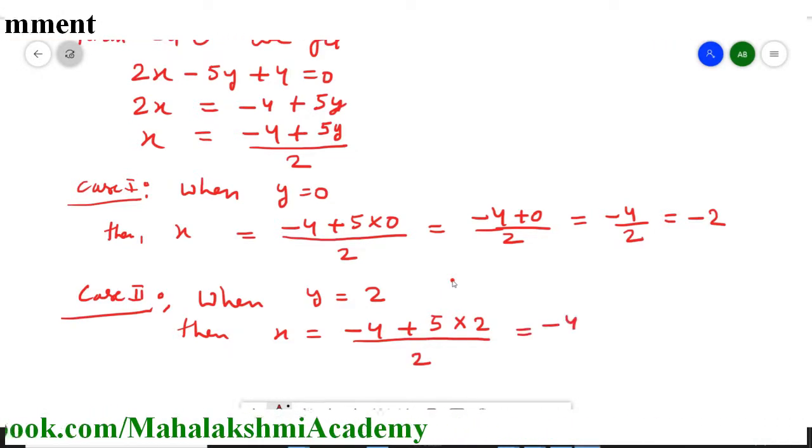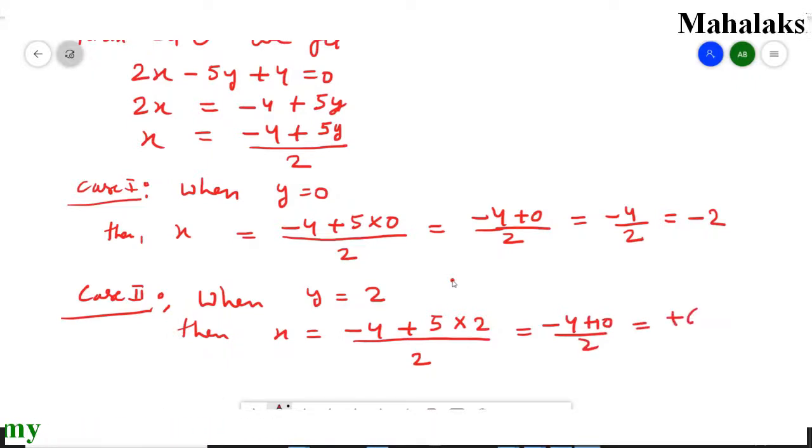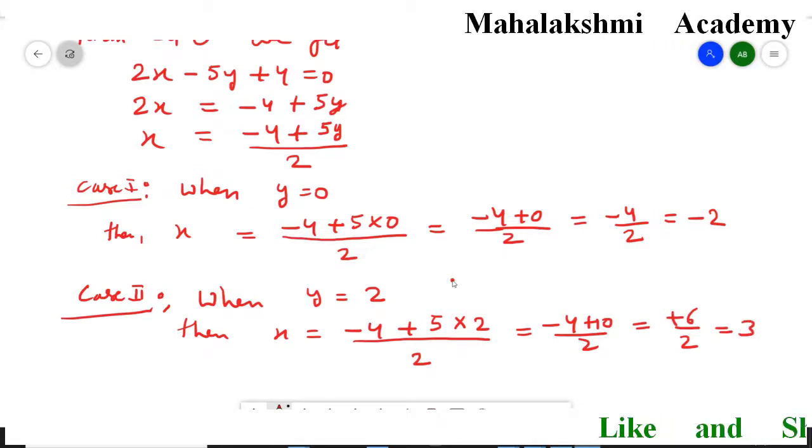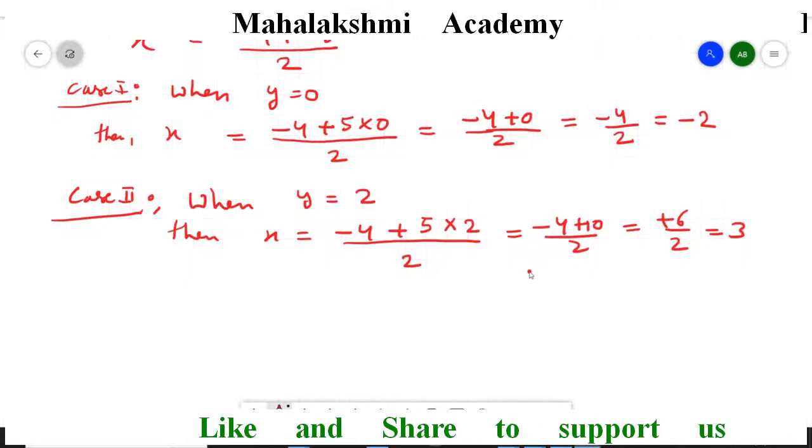That will give us minus 4 plus 10 upon 2, that is plus 6 upon 2, because of the sign of the bigger number, so it is going to be 3.